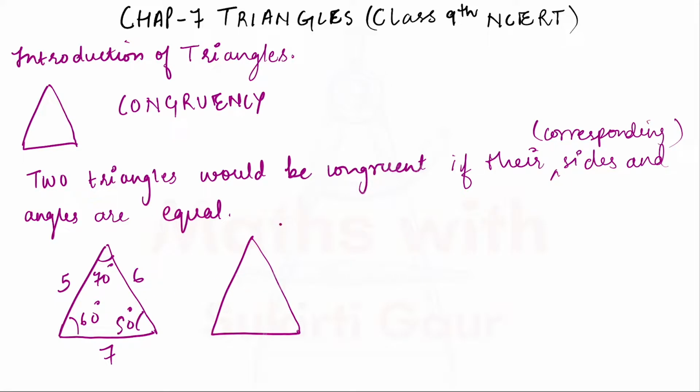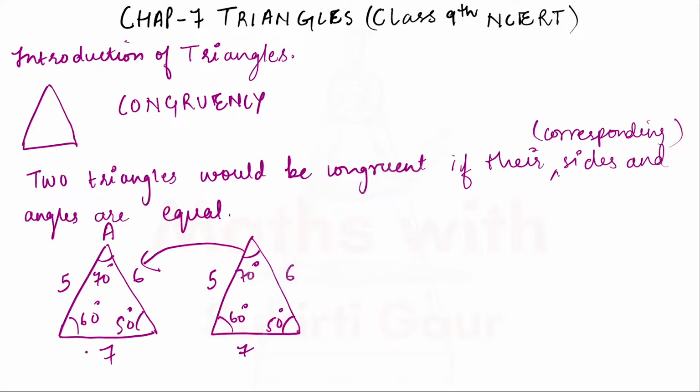There is another triangle which also has dimensions of 5 units, 6 units and 7 units. Also the angles are 70, 60 and 50. If you try to take this triangle over this, you will see that there is no difference. They are absolutely the same. Let us give them names.